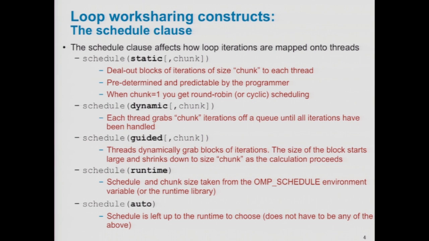The dynamic mode is basically saying, I have a lot of variability in the cost of each one of my iterations. And therefore, if I don't have the threads compete and grab an iteration when they're ready, I'm likely to get into a lot of load imbalance.